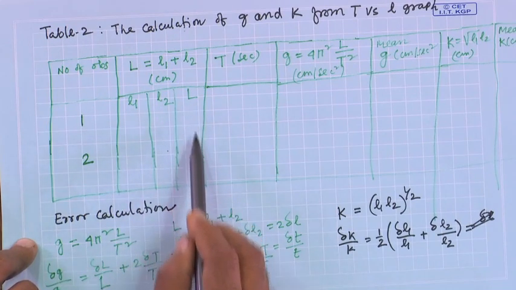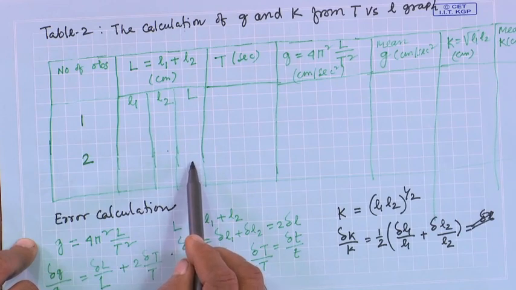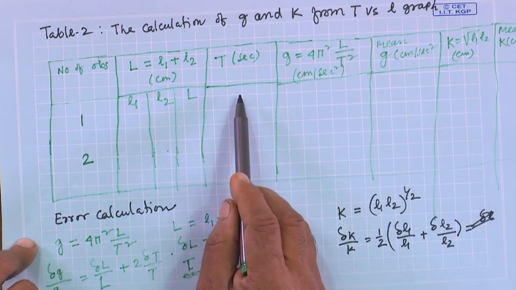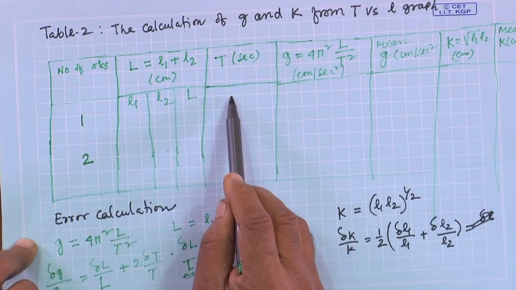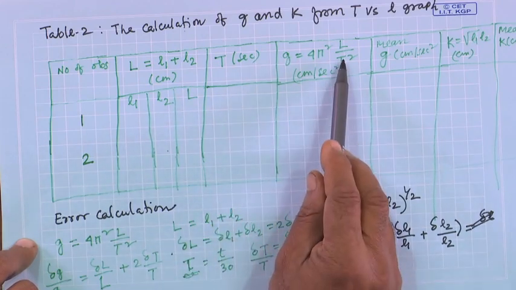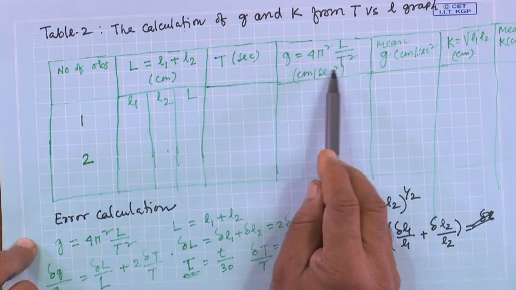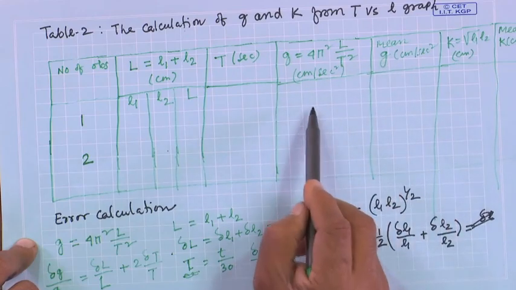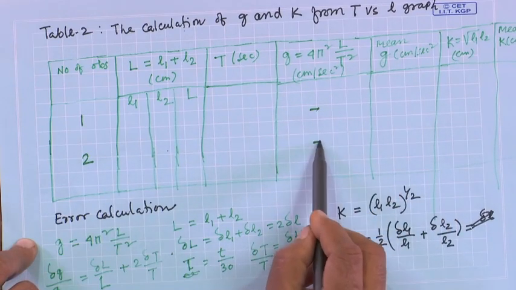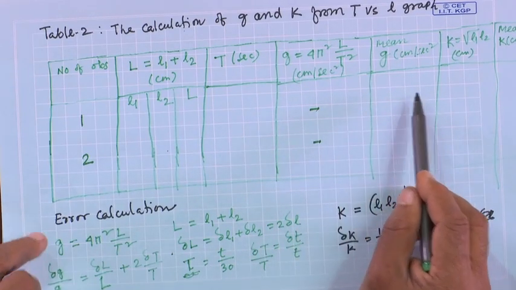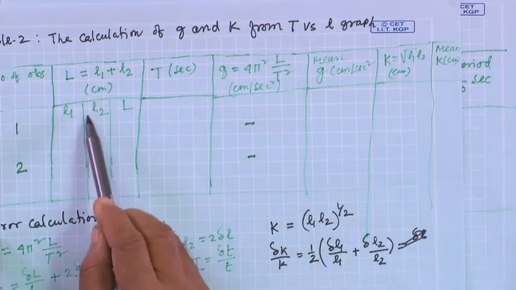From there you find out L, and the corresponding time period you already have. Then you can calculate the G value, so 2 G values you will get. Find out the mean G value.